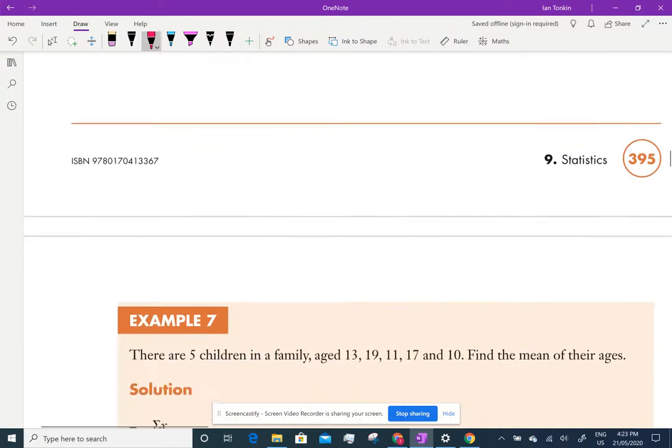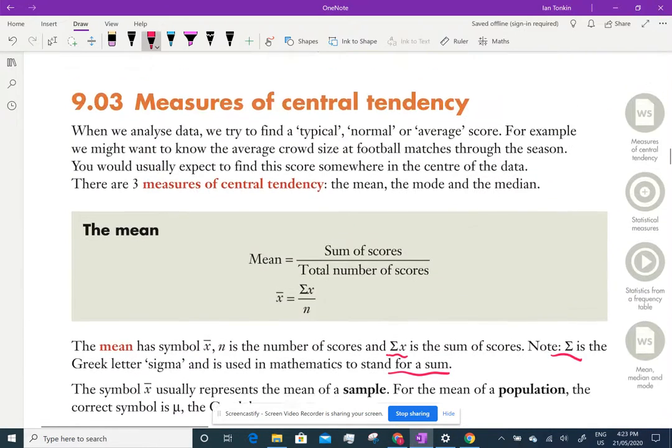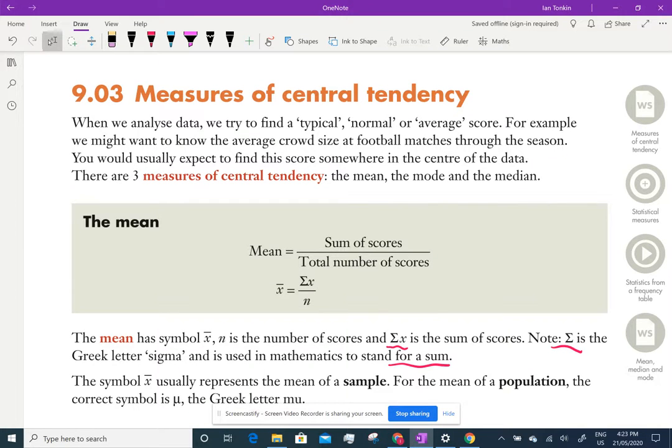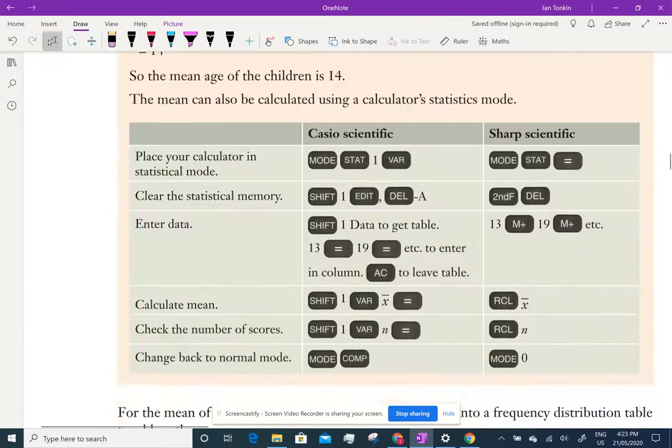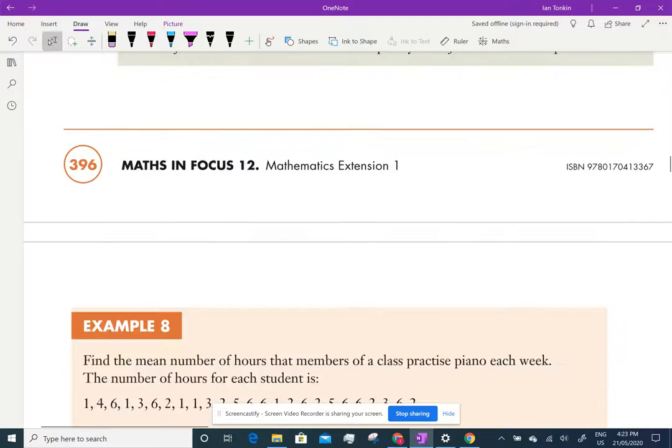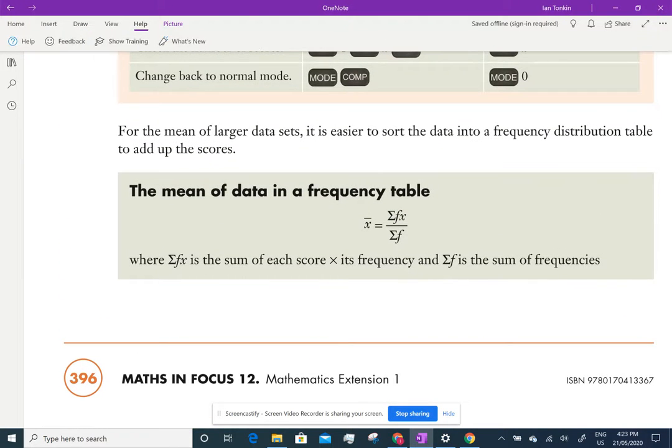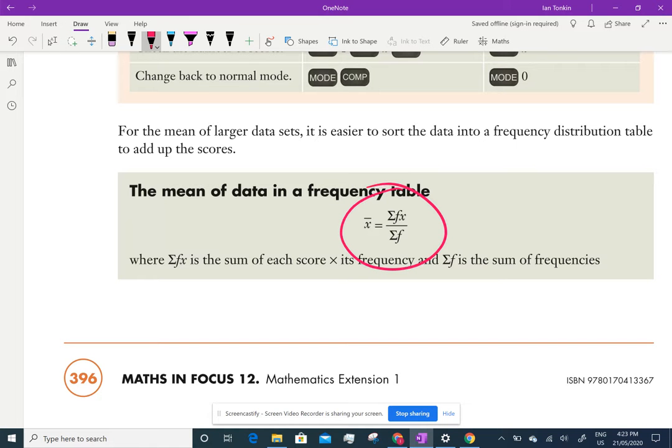All right. Now, the other measures of central tendency, so that's what we're doing in this chapter, the three measures of central tendency: the mean, which we add up all the scores and divide by the number of scores; the mode, and that's important there. Make sure you put that somewhere in your notes.